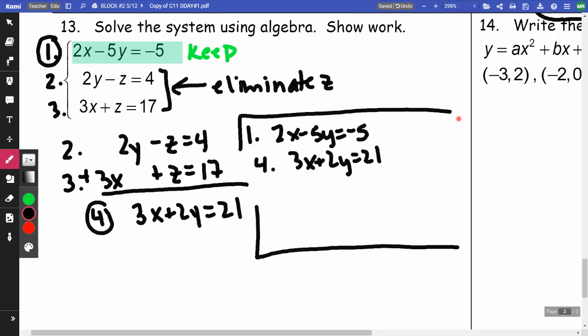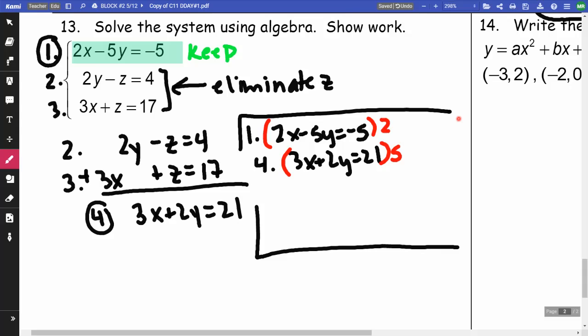Looking at this, I'm going to have to get rid of either my x's or my y's. I think I'm just going to get rid of my y's since one of them is positive and one is negative. So I'm going to multiply this one by a positive 2 to get a 10 in front of my y, and this one by a positive 5. The 2 gives me a -10 and the 5 gives me a 10.